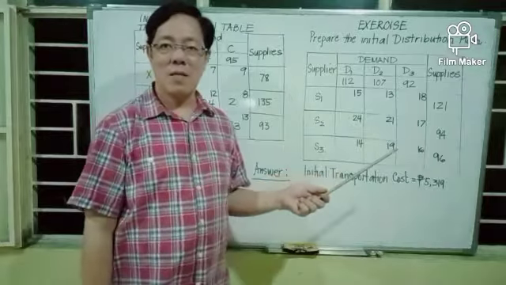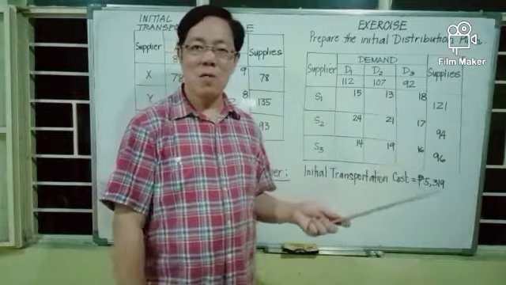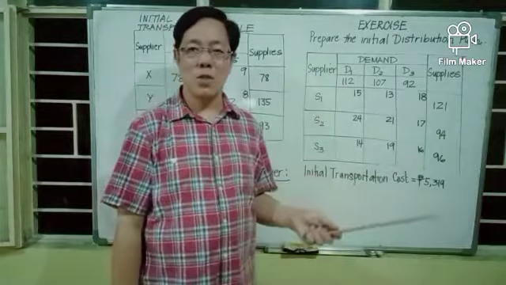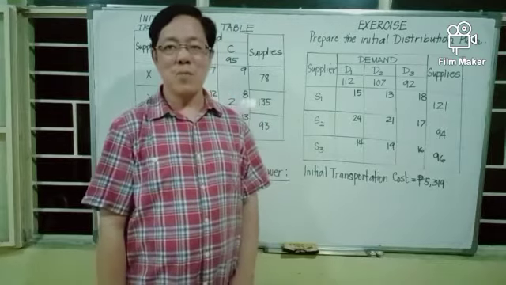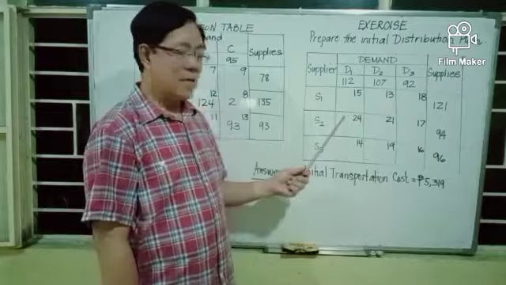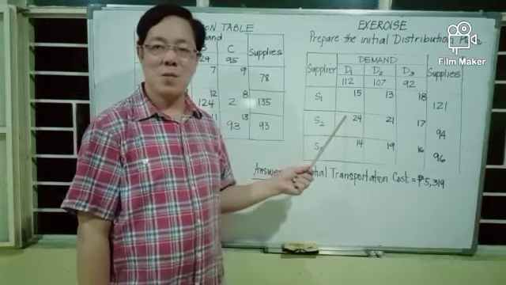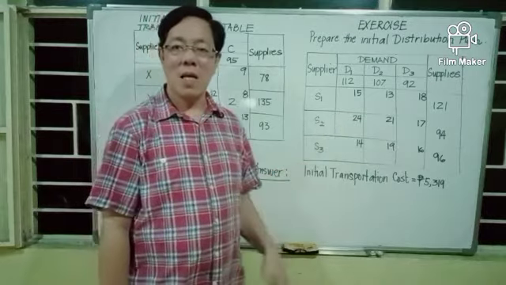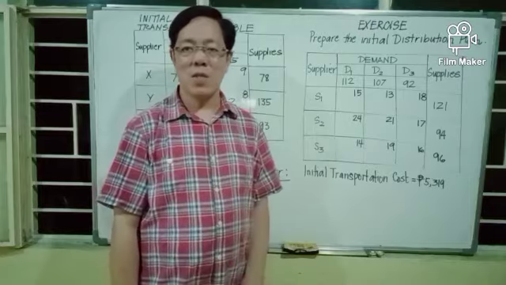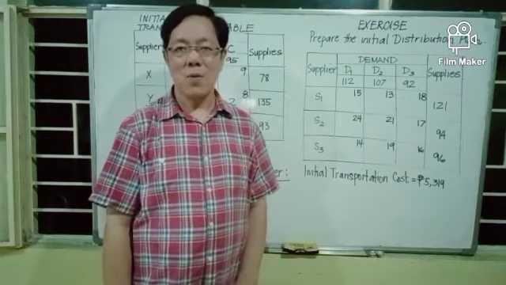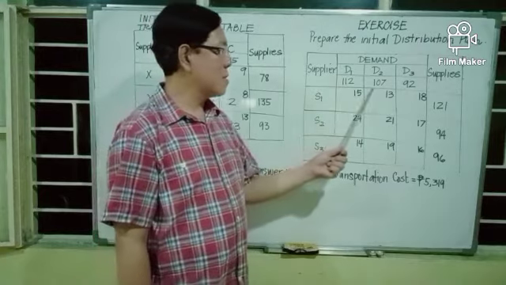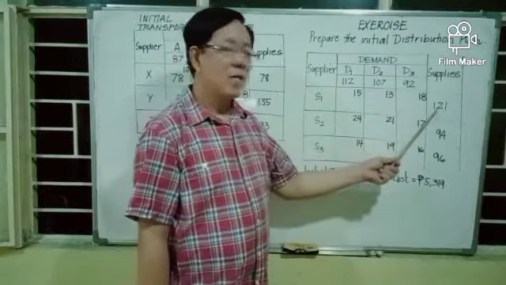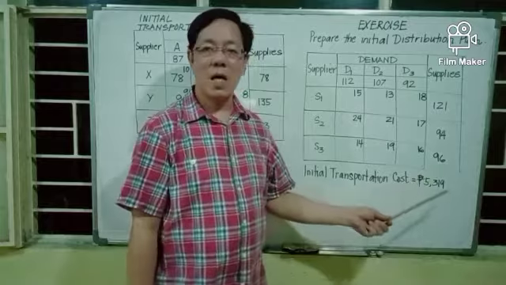Again, as I told you earlier, before proceeding with the solution using the stepping stone method, you check if the given transportation problem presented in tabular form such as this one is a balanced or unbalanced transportation problem. And how do you do that? You get the total of the demands and you get the total of the supplies.